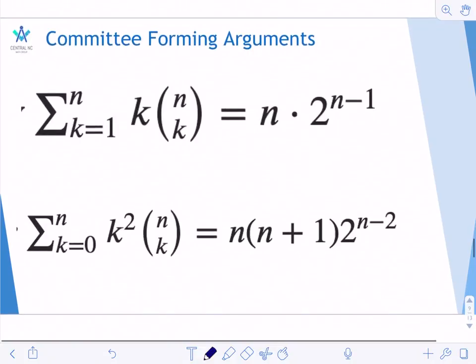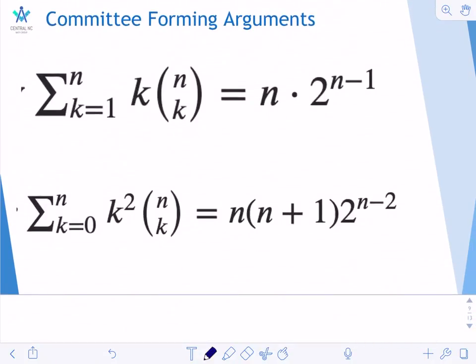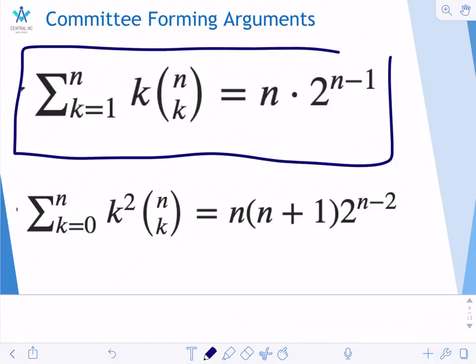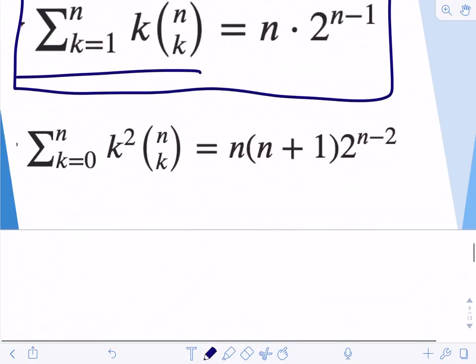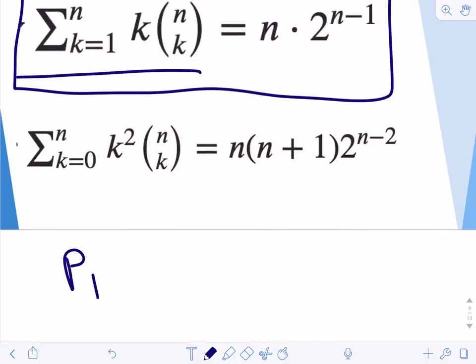All right. Finally, we'll finish up with committee forming arguments, and the best way to illustrate this is through an example. So suppose we want to prove this identity here. The summation in the left-hand side corresponds to the following. Suppose you have, again, n people, p1, p2, p3, all the way up to pn.